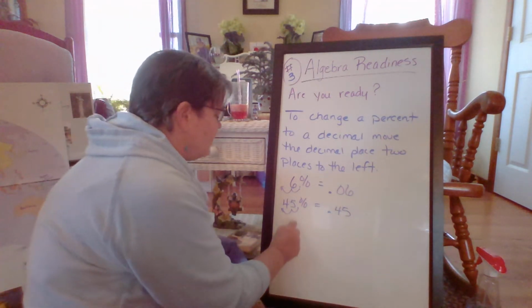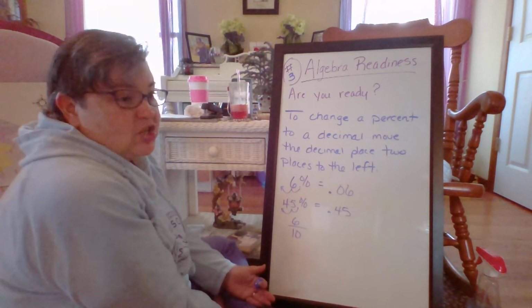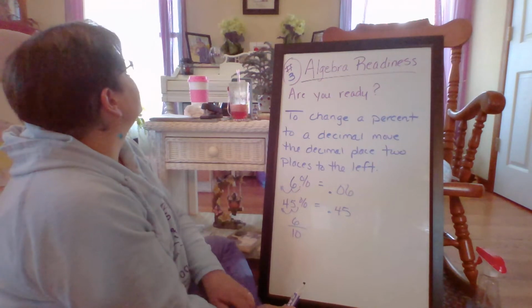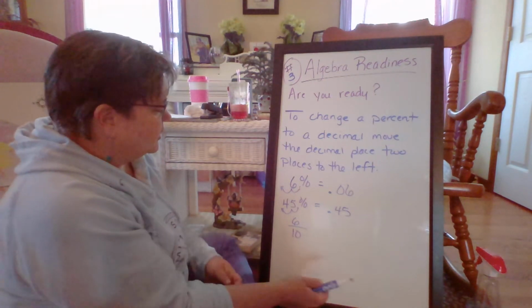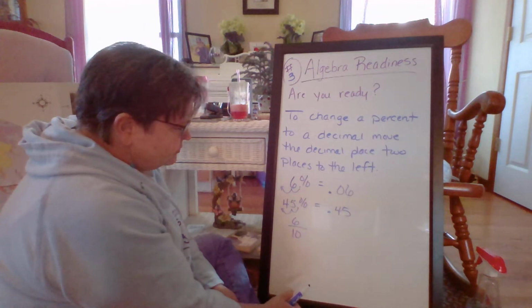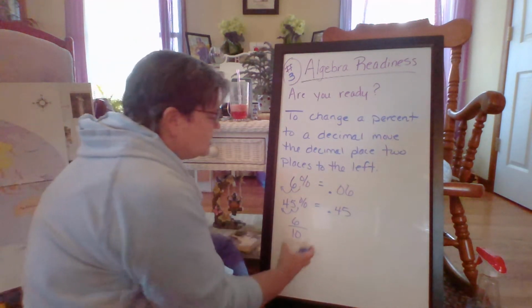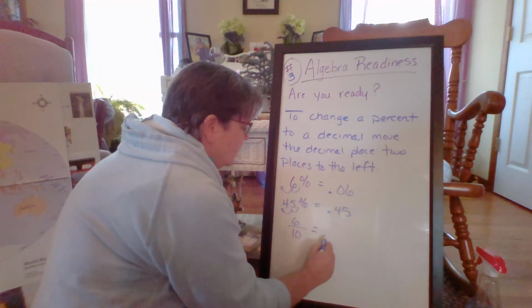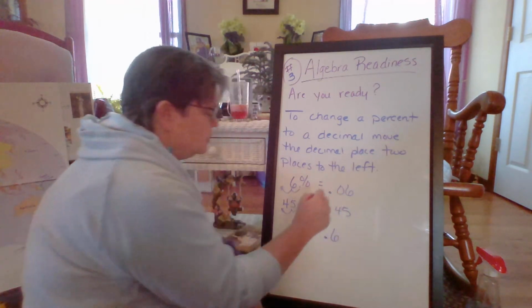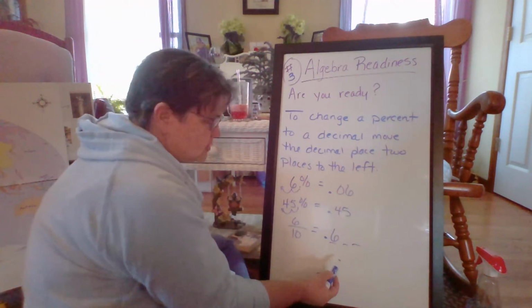What if I have a fraction, 6/10, and I want to change that into a percentage? Well, I can do that a couple of ways. I know that 6/10 written as a decimal is putting 6 in the 10th place. You know, there's the 10th place, hundredths place, thousandths place.